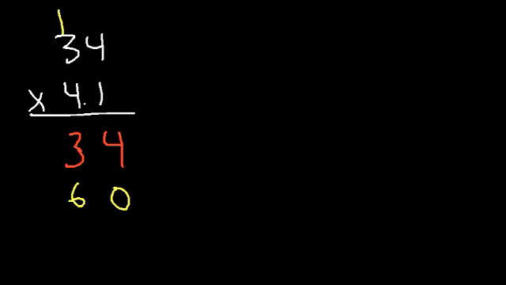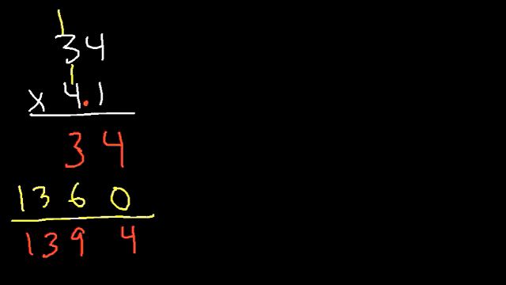Carry the 1 over, and then 4 times 3 is 12, plus 1, well, that's 13. And so if we add it, this is going to be 4 and 0 is 4, 3 and 6 is 9, and then 3 and 1. We have one decimal point here, so we need to put that here. So this is going to be 139.4.